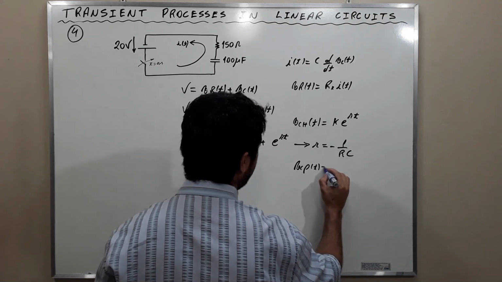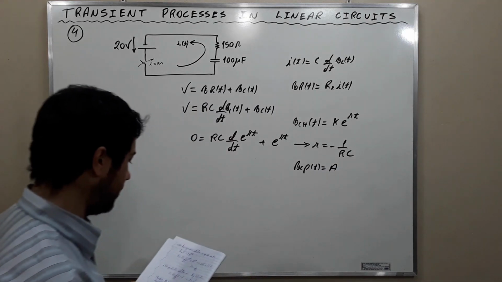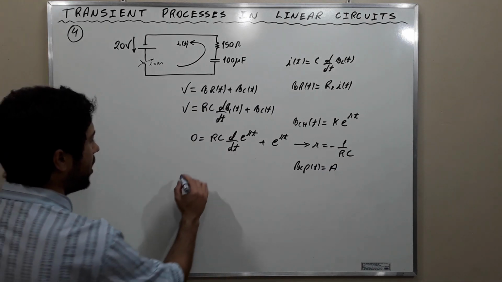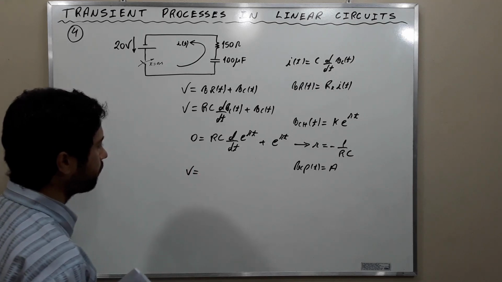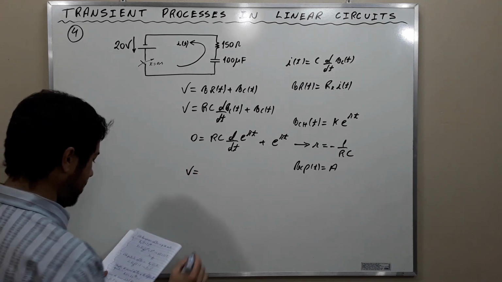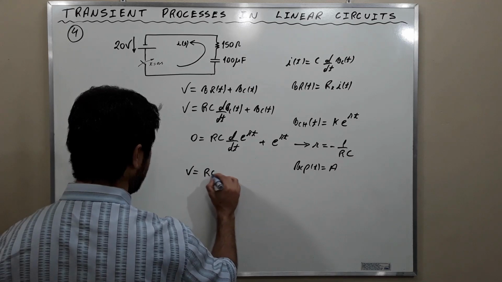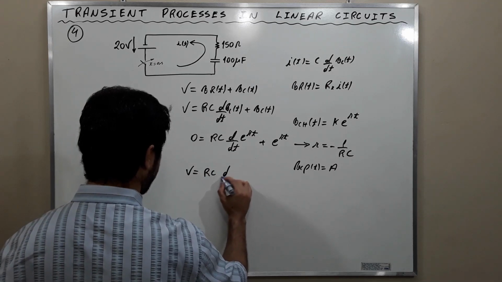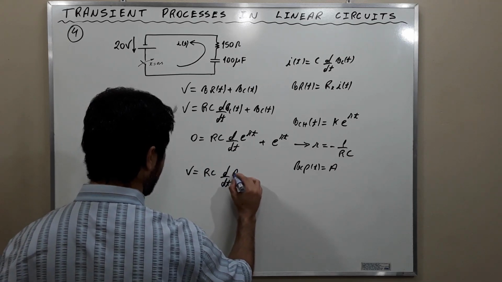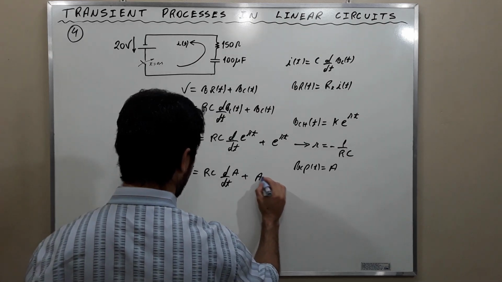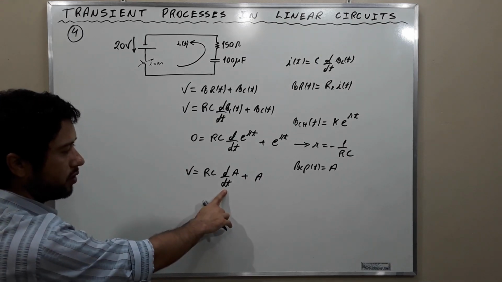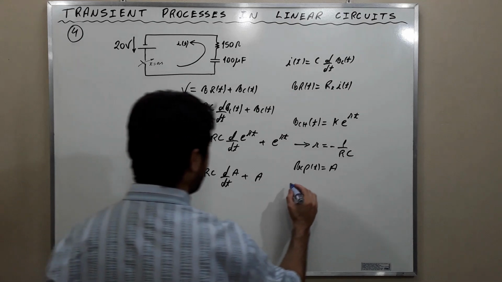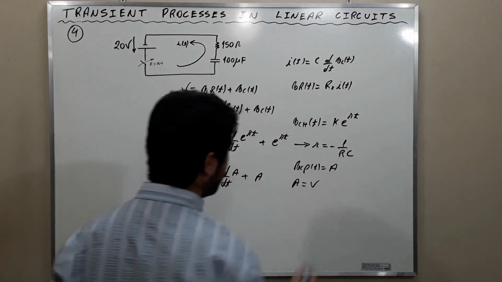VCP of t is equal to A. We apply this to the expression, okay? V is equal to RC times the derivative with respect to time of A plus A. The derivative of a constant is 0, then A is simply equal to V.